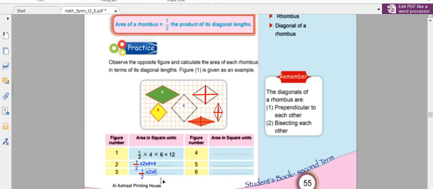So it equals half times 2 times 6, which equals 1 times 6, equals 6 units. The measuring unit for area is also centimeter squared, but here we use units as the measuring unit.